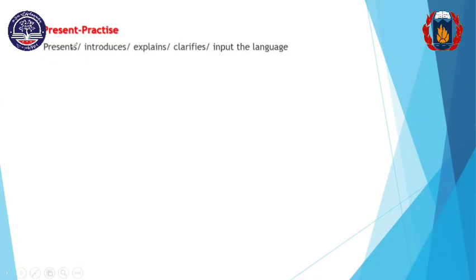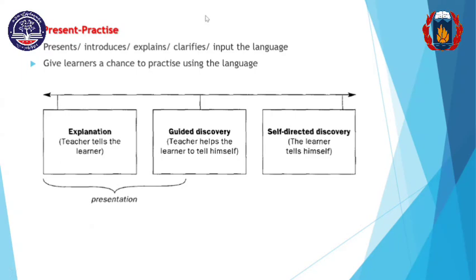Sometimes the teacher introduces, explains, clarifies and inputs the language, so all these are in the presentation stage. After that, the teacher gives the learner a chance to practice using the language. Presentation and practice are these two stages. Here, as we can see, in the very first stage the teacher explains to the learner, and here in guided discovery, with the help of the teacher, the learner cannot yet use the language by themselves.